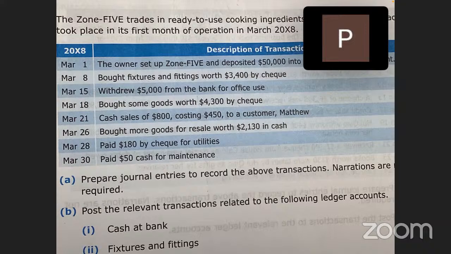Okay, so pay 180 by check for utilities. You know what utilities mean? Like electricity or water. Okay. I can tell you the reverse happened one. Very simple. The reverse is you paid too much on the utilities check. Oh, sorry, I charged you too much.